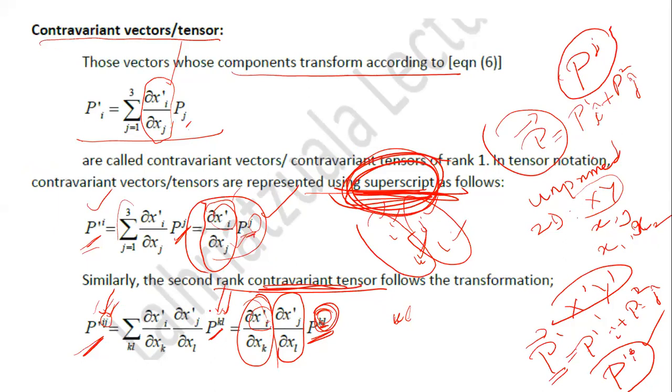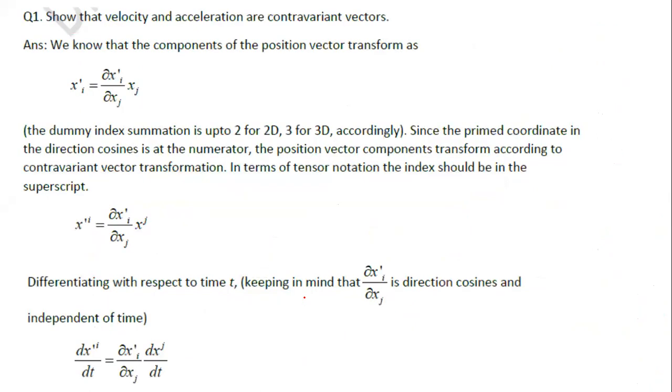And similarly, j and l are the contravariant indices. So del xj prime, the prime coordinate variable, is in the numerator. Del xl, the unprimed coordinate variable, is in the denominator. So therefore we see that these quantities are indices for contravariant tensors.